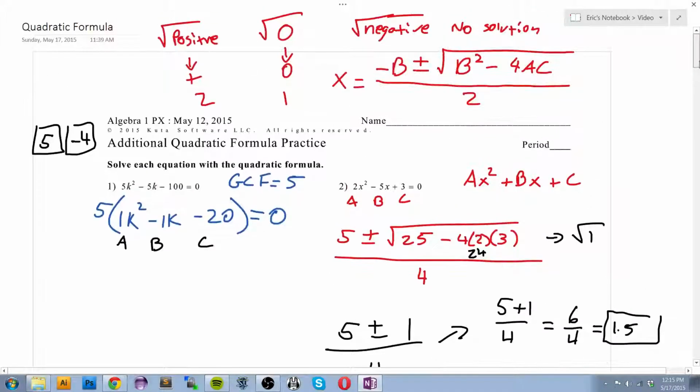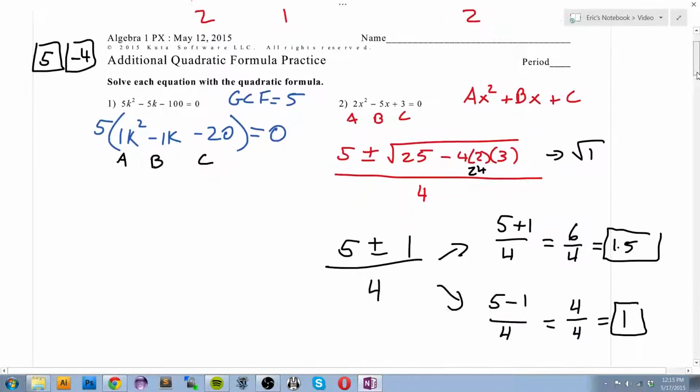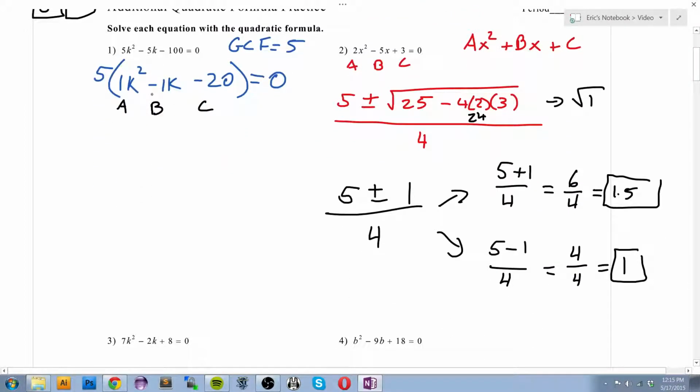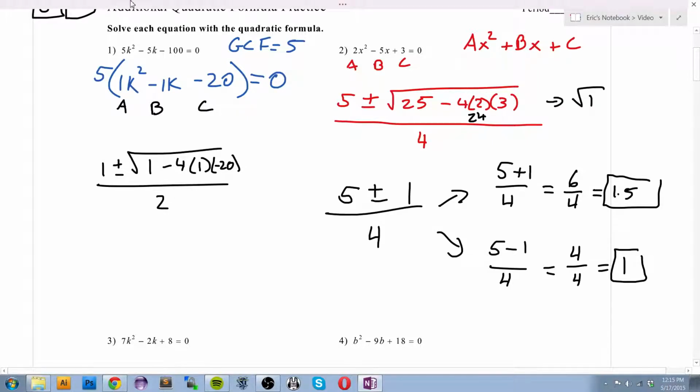So looking at our problem, here it is, our formula: negative b plus or minus the square root of b squared minus 4ac. Negative b would be 1, plus or minus the square root of b squared, with negative 1 squared is still 1, minus 4 times a times c, negative 20, all over 2a, which would be 2 times 1.